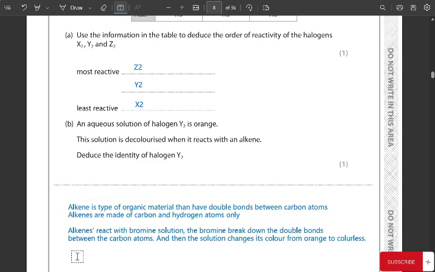And by using this information, we can easily know that this halogen is bromine.